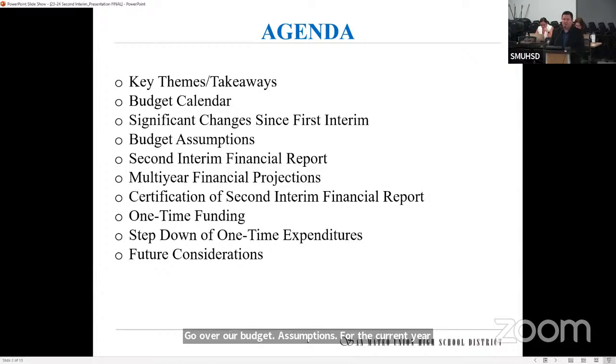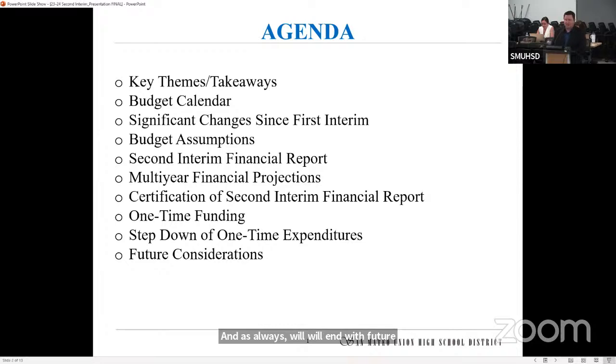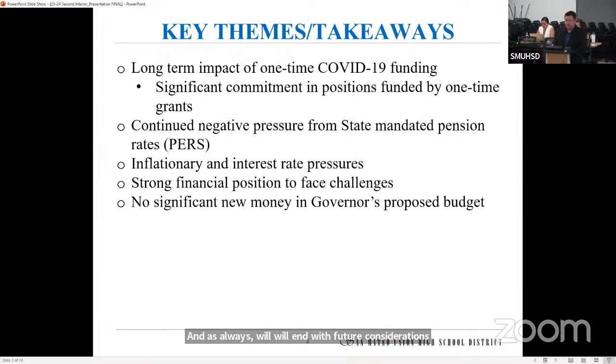We'll go over the summary of the second interim financial report, the multi-year financial projections, an overview of the certification of second interim financial report, and then talk about one-time funding and the step down of one-time expenditures related to that funding. And as always, we'll end with future considerations, the things that keep Yancey up at night.